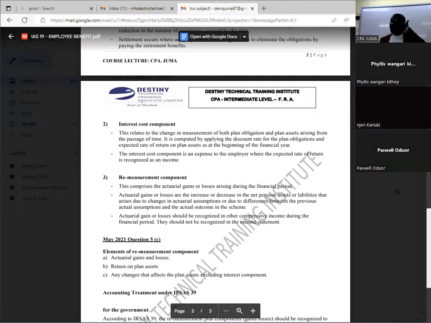So on the interest component, if you save with a scheme, even NSSF is not constant. You contribute 200, and it doesn't stay 200. Whatever you are contributing, you don't just count it up until you retire and say I also have my computation, bring yours, we compare. No, it fluctuates, and the fluctuation can go up to favor you, or it can go down.